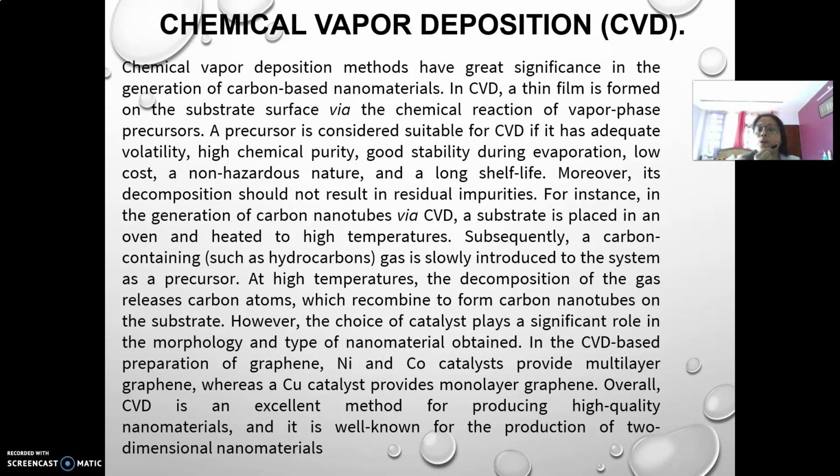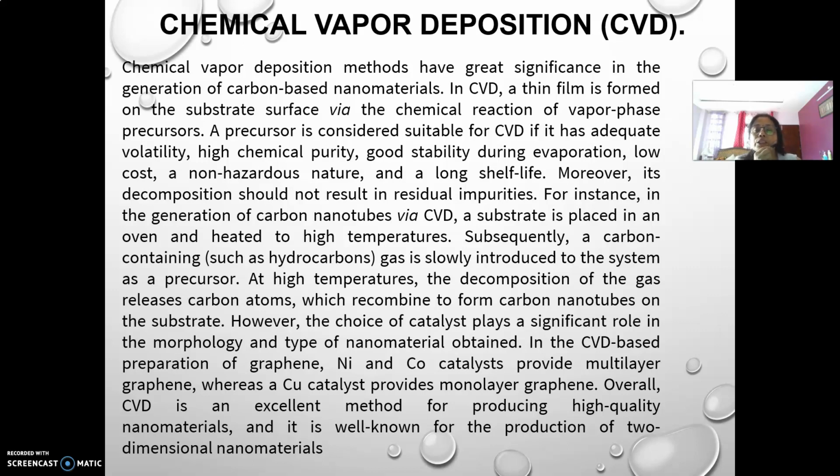It must be non-hazardous in nature, because it will be in the vapor form. If it is toxic, it will bring some kind of destruction, and it must have a long shelf life. Moreover, its decomposition should not result in residual impurities, otherwise they will also deposit on the surface where we want to have another substance.